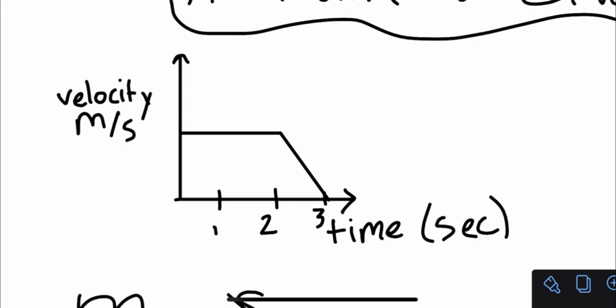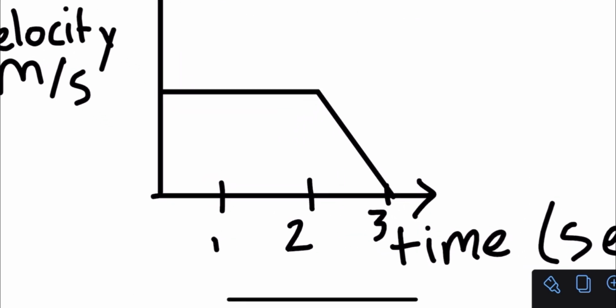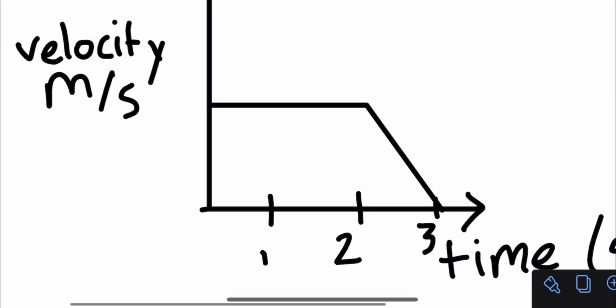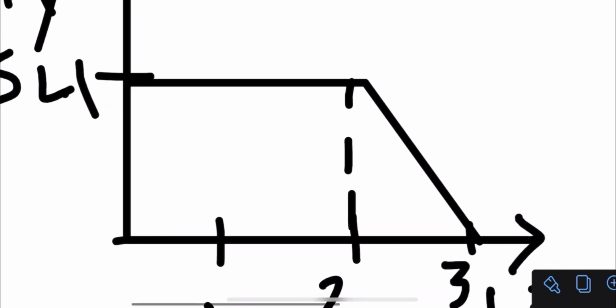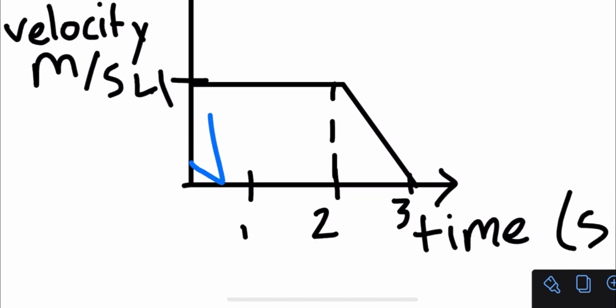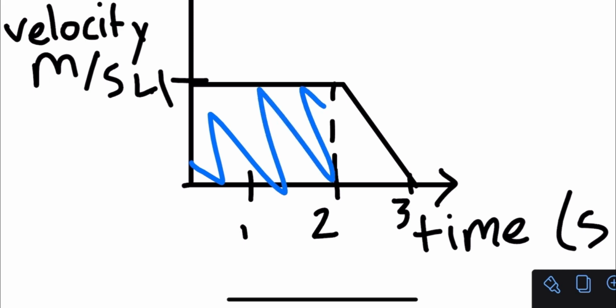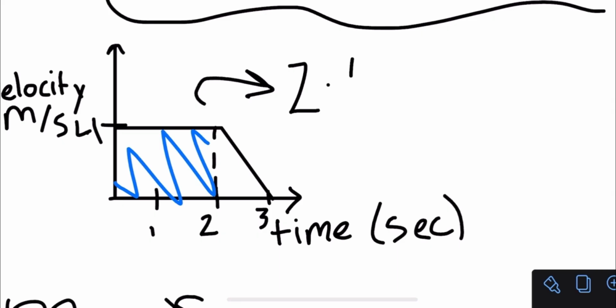So in this example, from seconds 0 to 2, let's say it moved at a velocity of 4 meters per second. So if we find the area of this little section here, that will essentially be 2 times 4, which gives us 8.